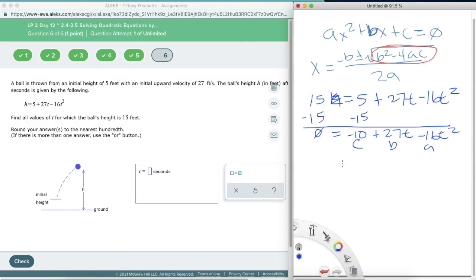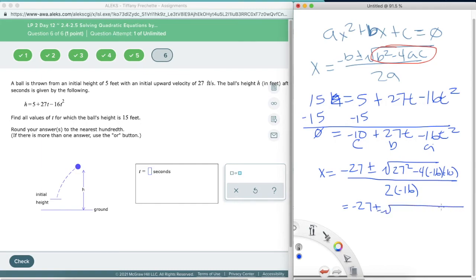So I have x equals negative b plus or minus the square root of b squared minus 4 times a times c, divided by 2 times a. So be careful on this one because it's written backwards from the way we're used to seeing it. So we want to make sure we grab a, b, and c correctly there. All right, so we have negative 27 plus or minus the square root of 27 squared, which is 729.